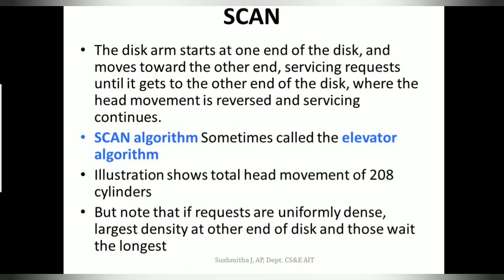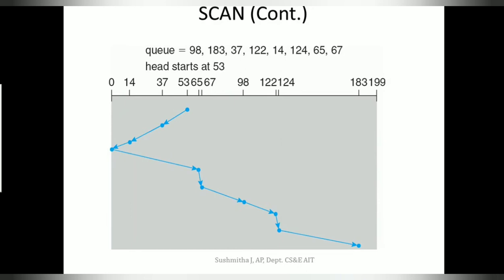Then the direction of the head movement is reversed, and again it continues. As with the elevator example, whoever is going up, it will take them up, whoever is coming down, it will take them down. When it is moving forward, whichever request needs to be satisfied, it is going to satisfy. Again, when the read write head is moving backward, if there is any request there, it is going to satisfy that. Let us see how it works for the same example.